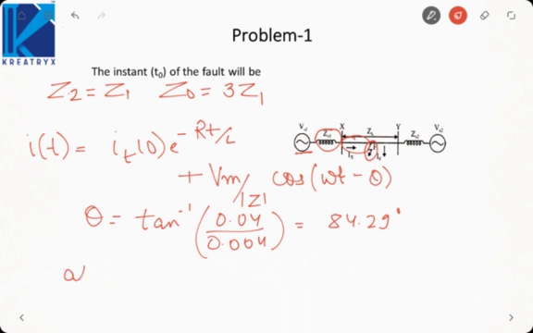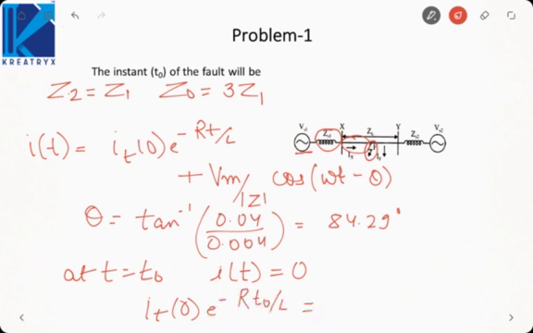Now at t equal to t0, when the fault is occurring, the current must be 0 due to current continuity. We are assuming no load condition in the system before the fault occurrence. So IT0 e raised to the power minus RT0 by L will be equal to minus Vm by mod Z cos of omega t0 minus theta.